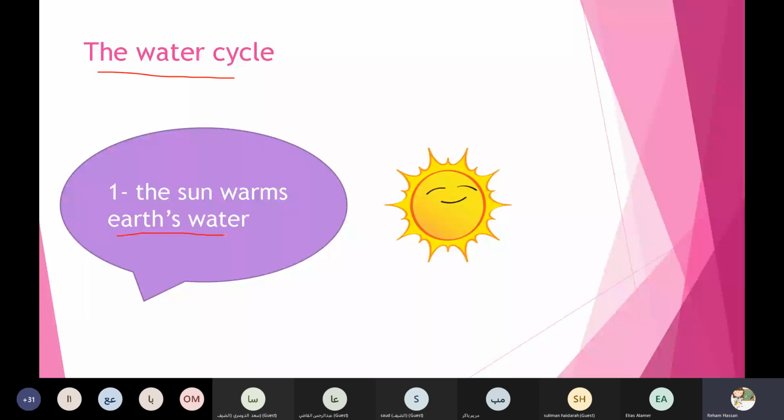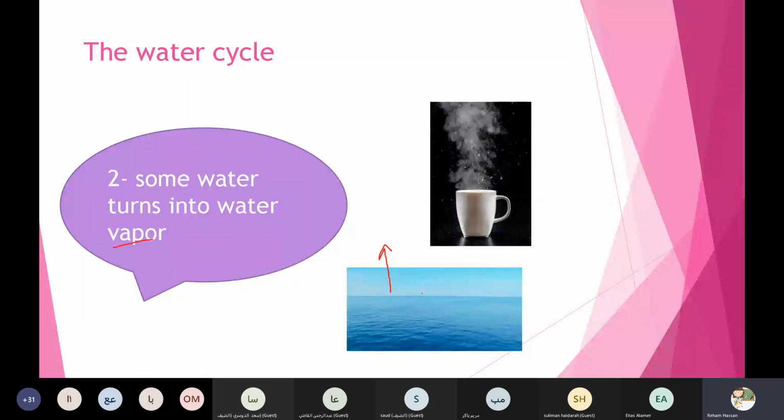Yes, Abdulaziz. Yes, teacher. Number two, some water of this earth water in the rivers or in the oceans, ponds, some of this water turns into the water vapor.